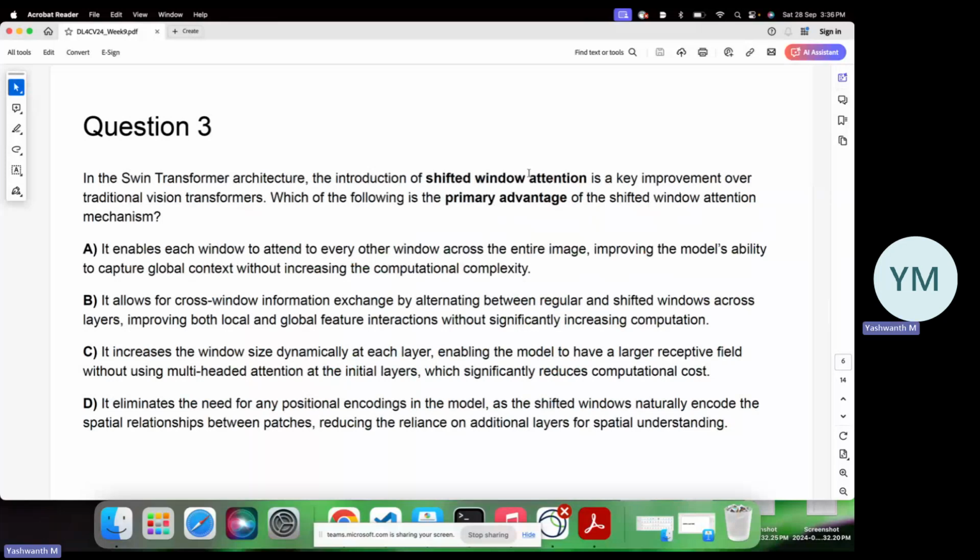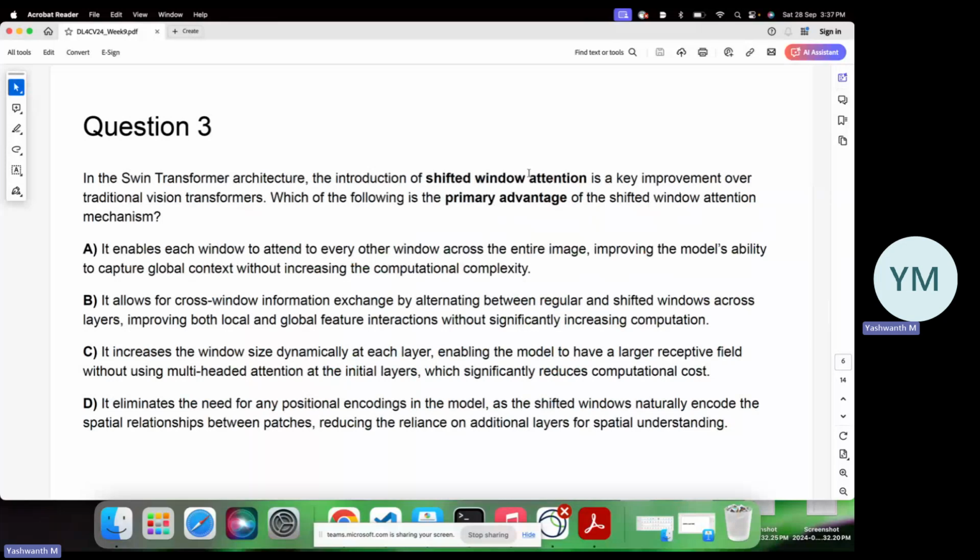Option A: it enables each window to attend to every other window across the entire image, improving the model's ability to capture global context without increasing the computational complexity. Option B: it allows cross-window information exchange by alternating between regular and shifted windows across layers, improving both the local and global feature interactions without significantly increasing computation.